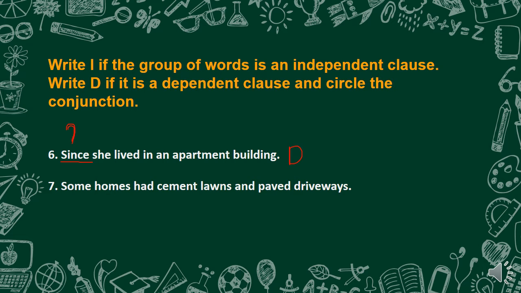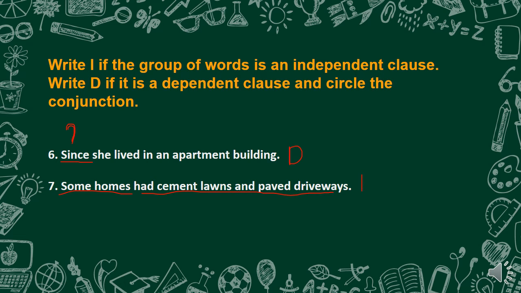Okay, number 7. Some homes had cement lawns and paved driveways. Does this give us a complete meaning? I think yes. Some homes, there is no conjunction here. Some is an adjective. Some homes, this is the subject. Had, this is a verb, and until the end, this is a predicate.